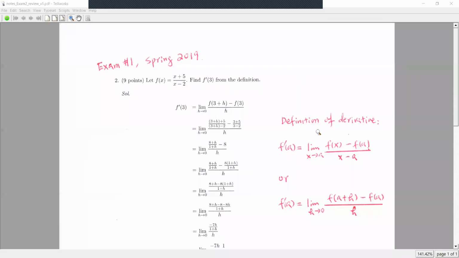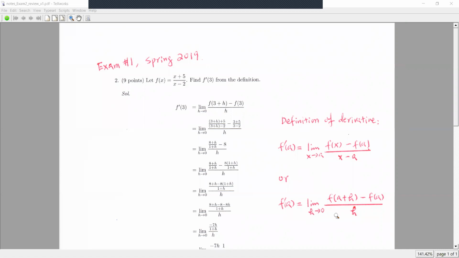The definition of derivative is these two formulas. The definition says that a derivative is a limit. Let me use this formula to compute the derivative in this problem.